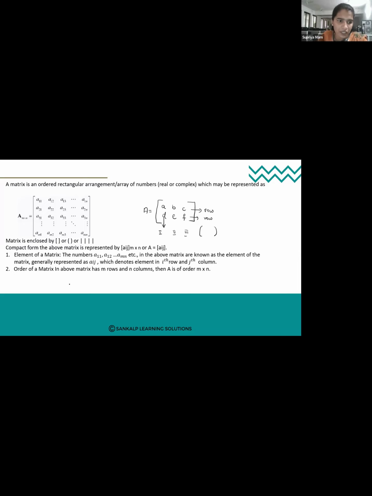Now, in general, if I want to write a matrix, general matrix A denoted by aij is given by a11, first row, first column entry. a12, first row, second column entry. a13, first row, third column entry.